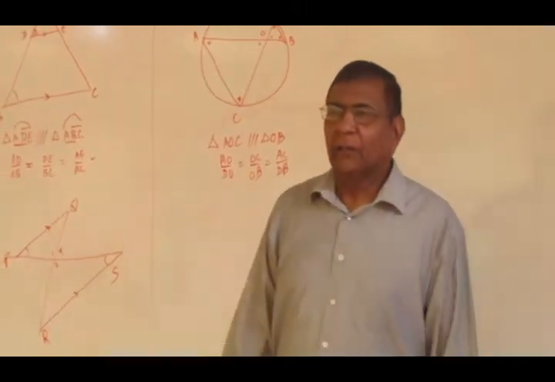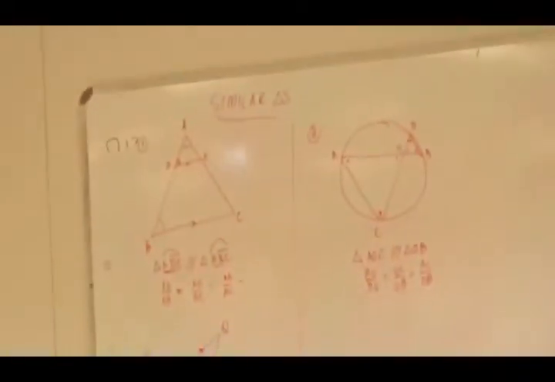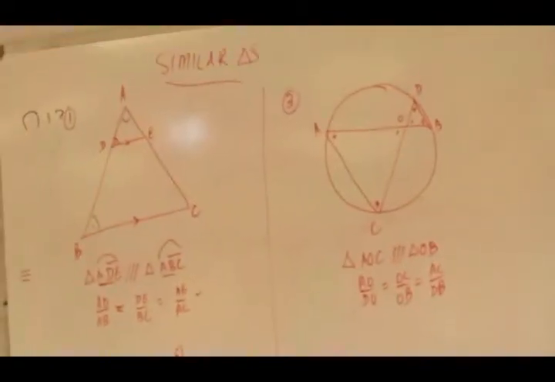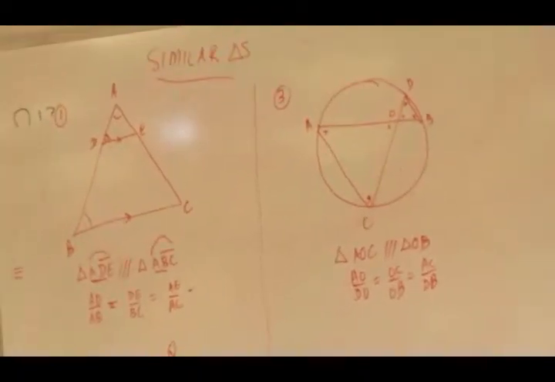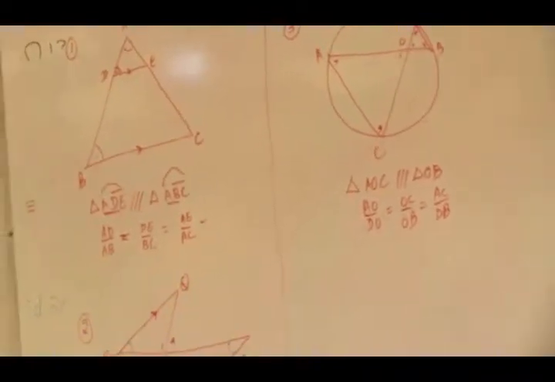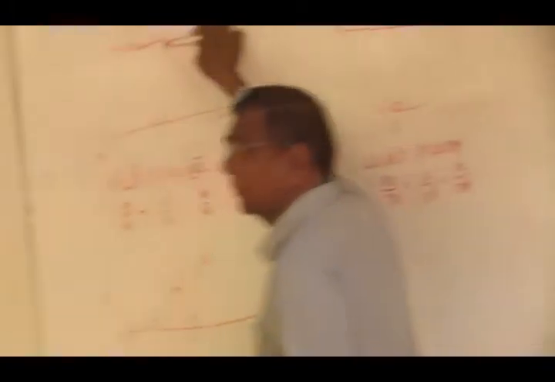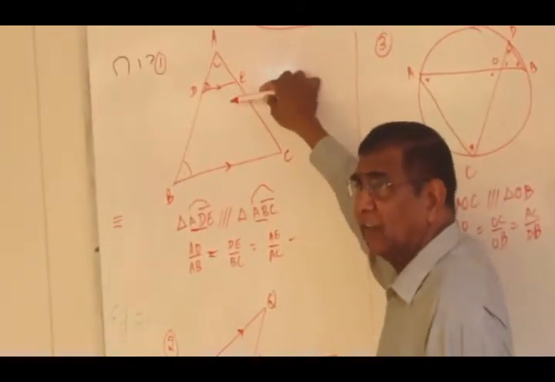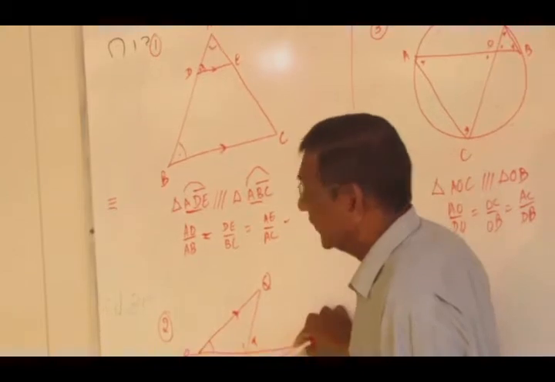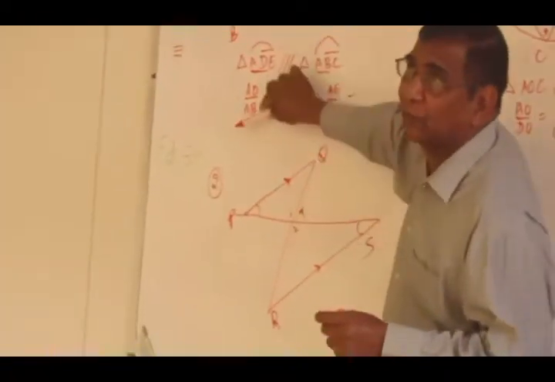So let's master these 3 cases. I want you to have it in your head. The first case is when you see a line parallel to one side of the triangle, immediately you've got yourself a pair of similar triangles, right? Next, when you see a shape like this, actually the way we describe this is we say a line is drawn parallel to one side of the triangle inside the triangle, and in this case here, we say a line is drawn parallel to one side of the triangle outside the triangle.